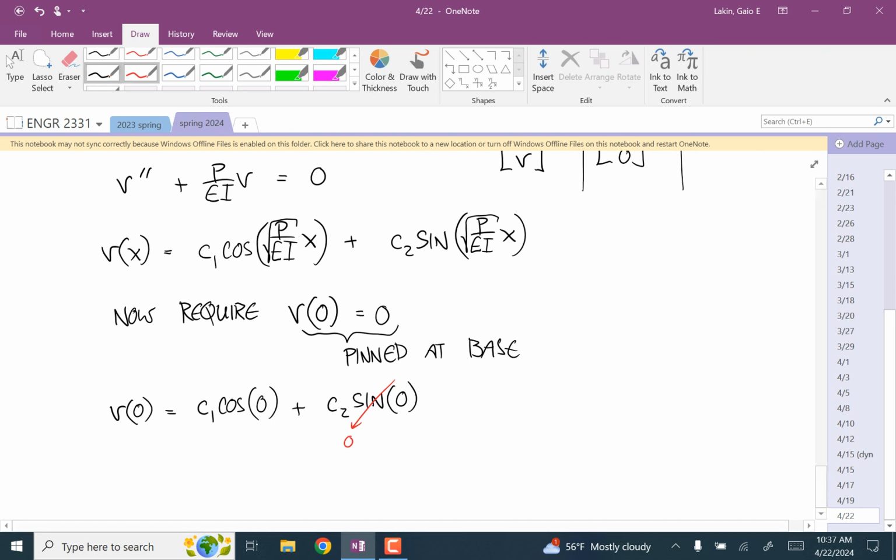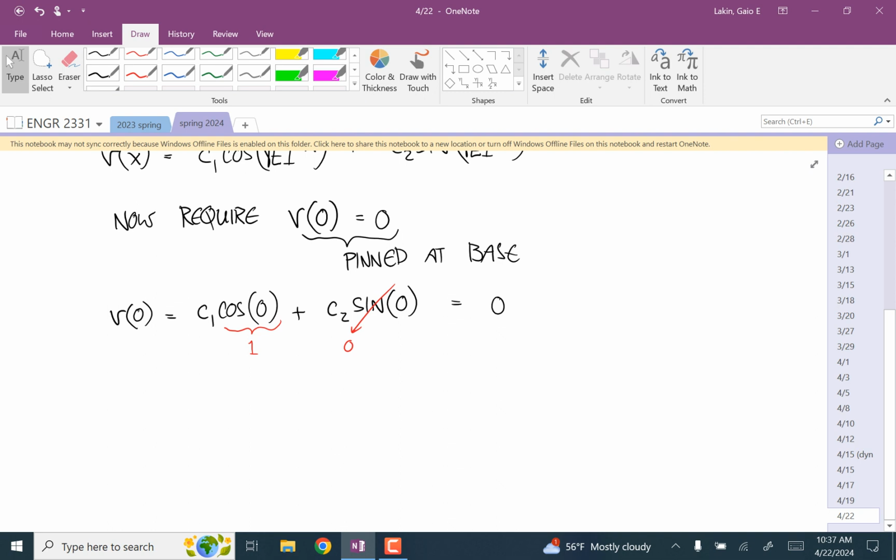The cosine of 0 is 1. And so what we get from here is that C1 is equal to 0. You see that we can't say anything about C2 because the 0 cancels it out no matter what it is. But we can say that C1 is equal to 0. And now we can update that function.